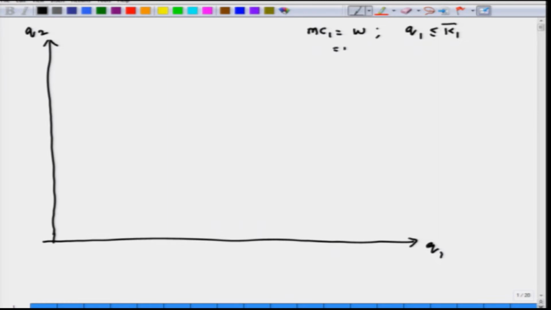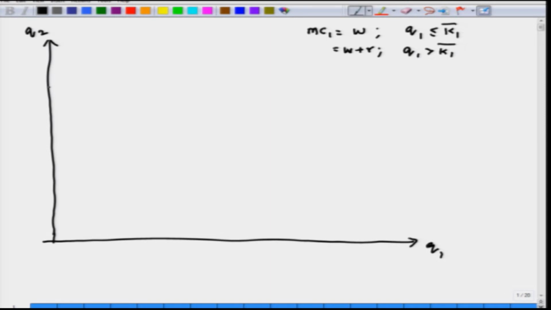Its marginal cost is W plus R if it produces an output which is greater than K1 bar. Firm 2's marginal cost is always W plus R, because firm 2, or the entrant, does not exist in stage 1. It only enters in stage 2.